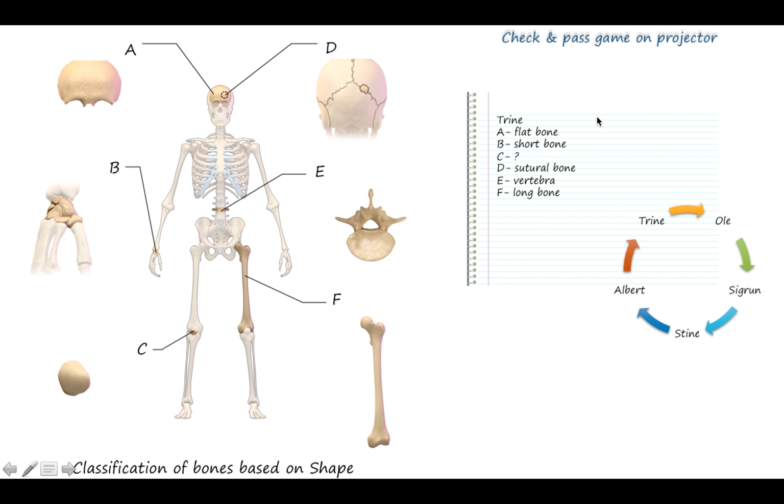And then she hands these results to the next student, which is Ule, and Ule gives his paper to the next one, which is Sigrun, and so on. This is a rotation of these answers 5 times, and then the next one writes the name and the suggestions.